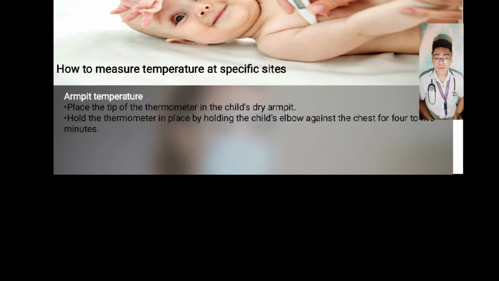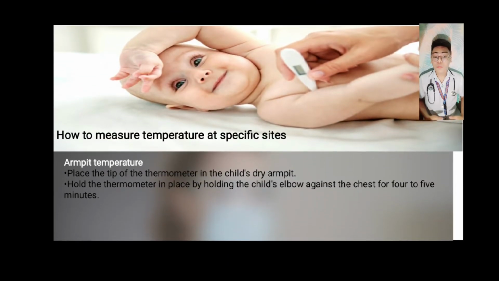Third is armpit temperature. So place the tip of the thermometer in the child's dry armpit. So make sure dapat dry yung armpit ng isang bata para ma-accurate natin yung tama ng reading ng isang temperature niya. Para malaman natin kung moderate or severe ba yung fever niya. So next, hold the thermometer in place by holding the child's elbow against the chest for 4 to 5 minutes.